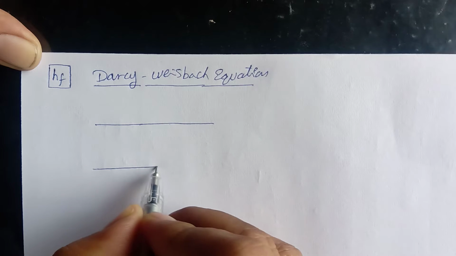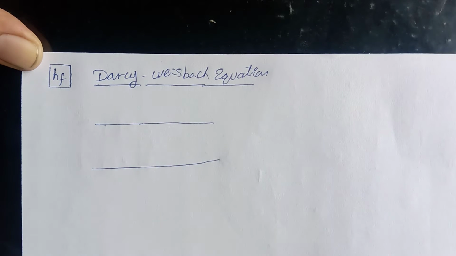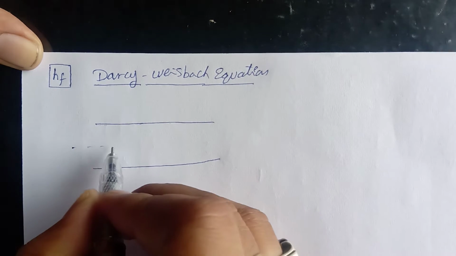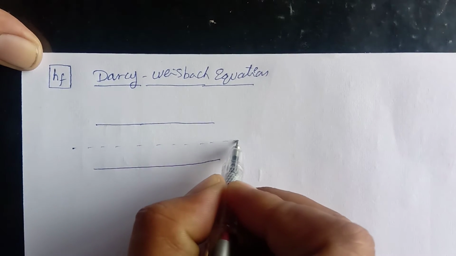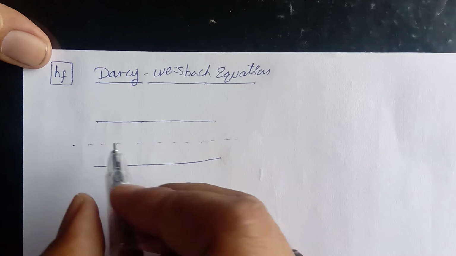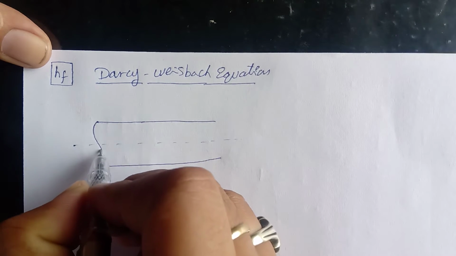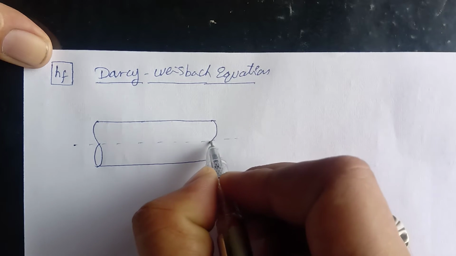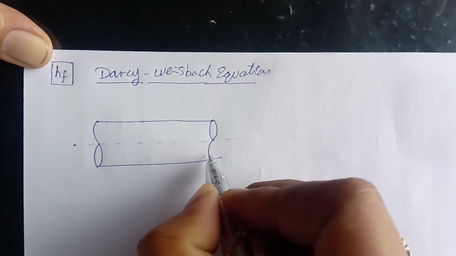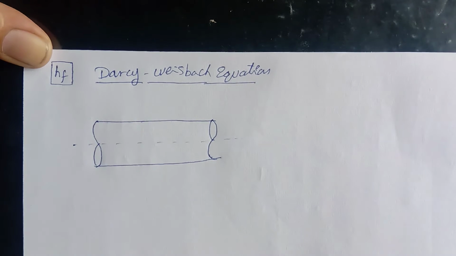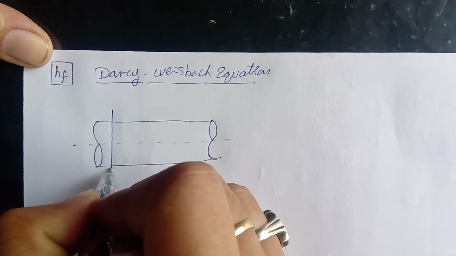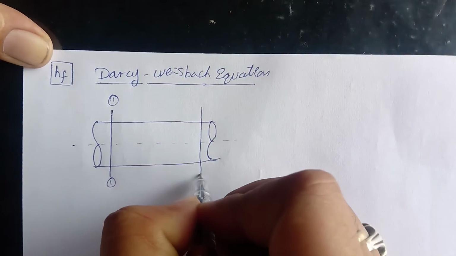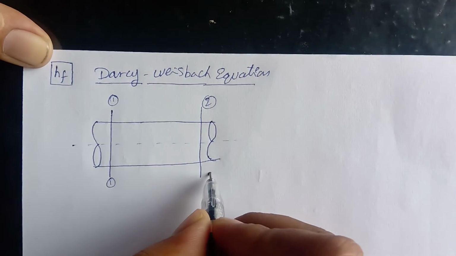This is my pipe of uniform area, and this is my center line. Now let this section be 1 and this point be 2.